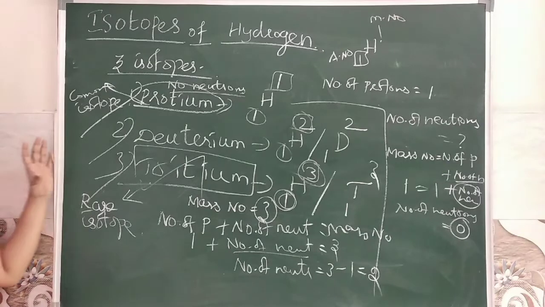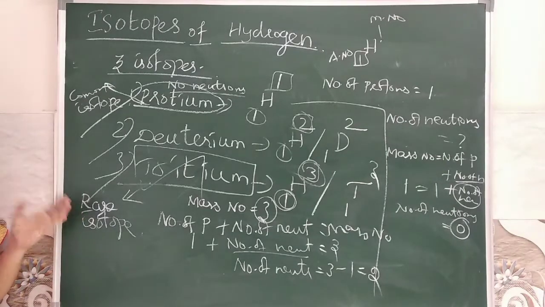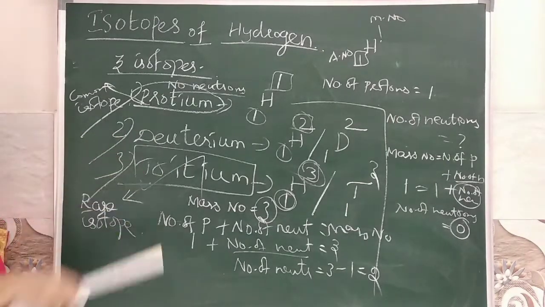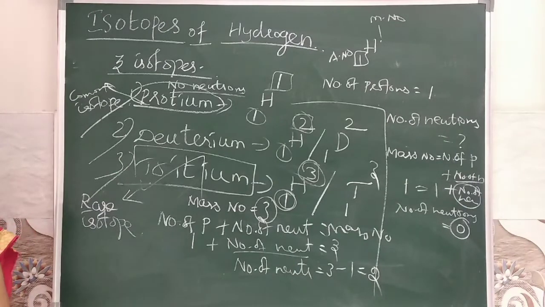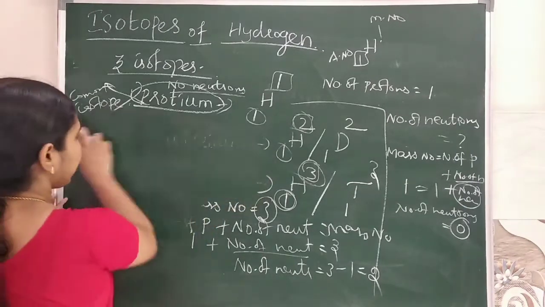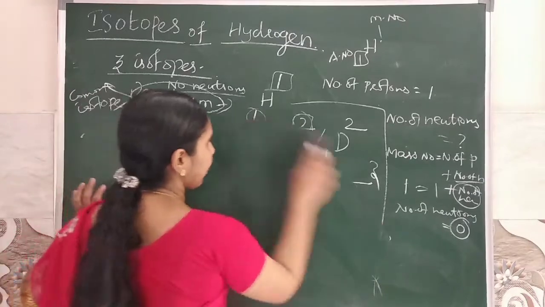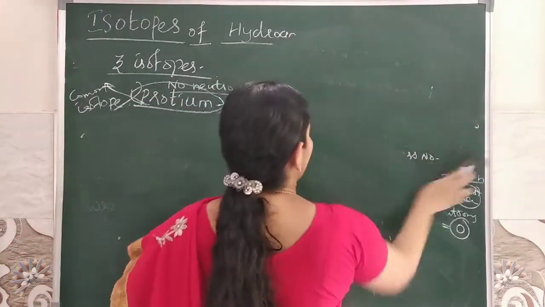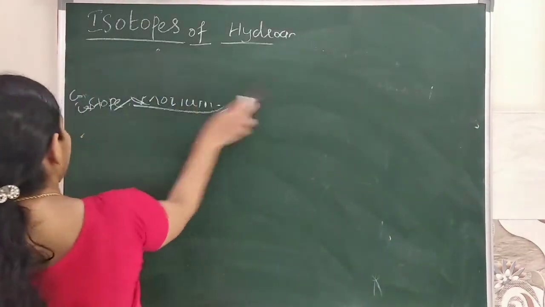Next, we have to see the properties of these 3 isotopes, protium, deuterium, tritium.